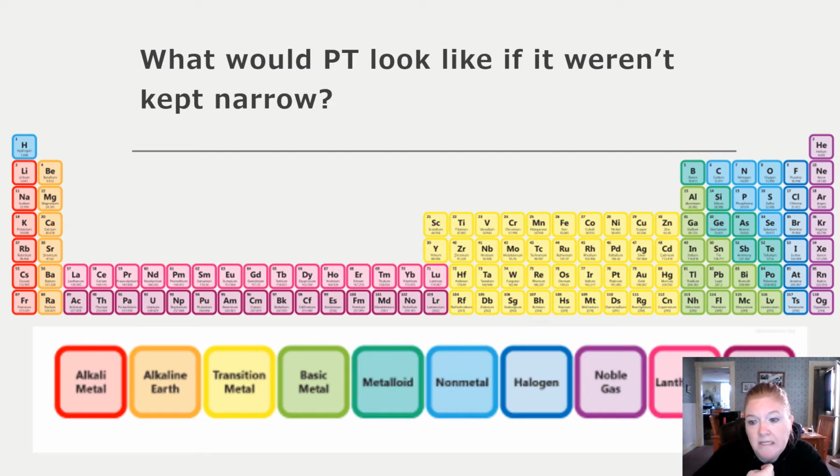So just for ease of printing it on paper, the periodic table has the lanthanides and actinides below. But here is really where the lanthanides and actinides would belong if they were put into the periodic table in their correct location.